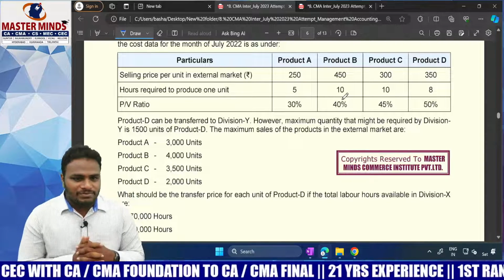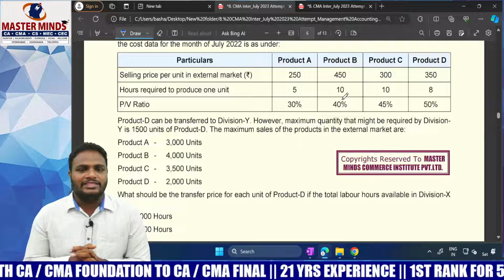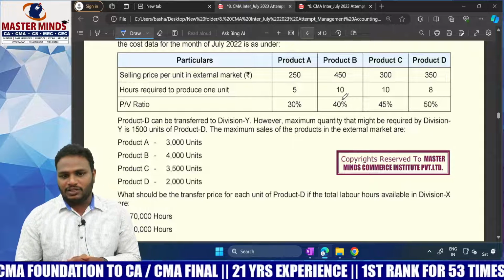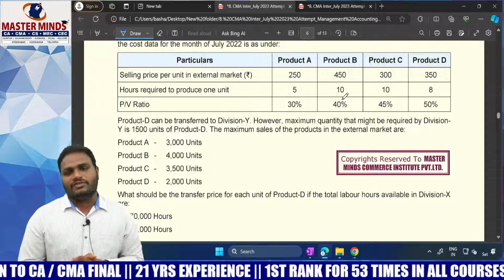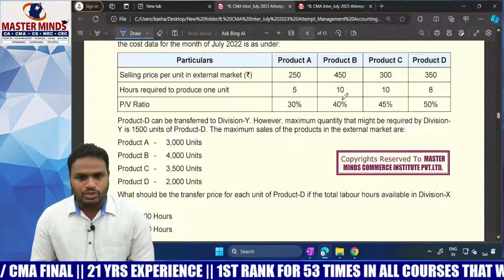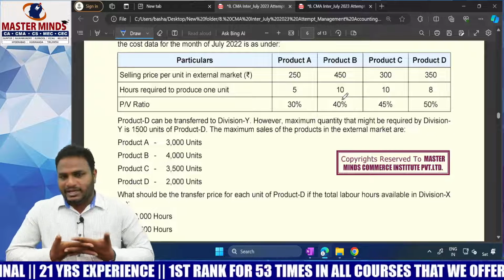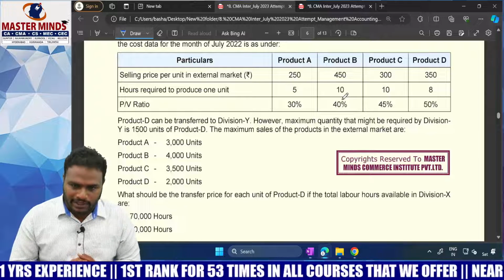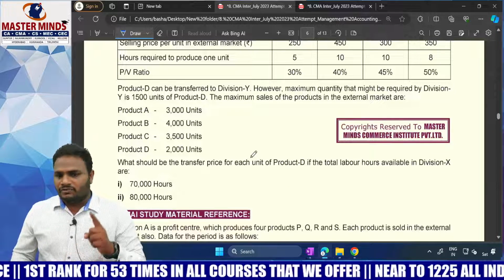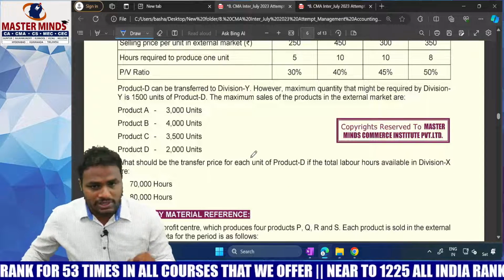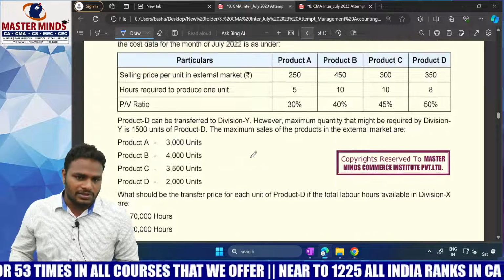The maximum sales of the products in the external market are product A 3000 units, product B 4000 units, product C 3500 units, product D 2000 units. What should be the transfer price for each unit of product D if the total labor hours available in division X are: first option 7000 hours, second option 8000 hours?